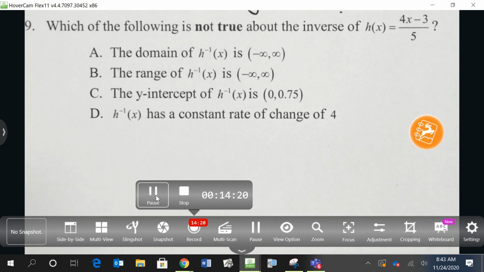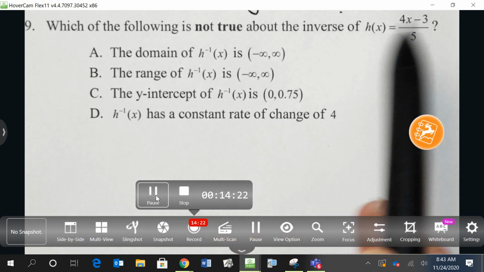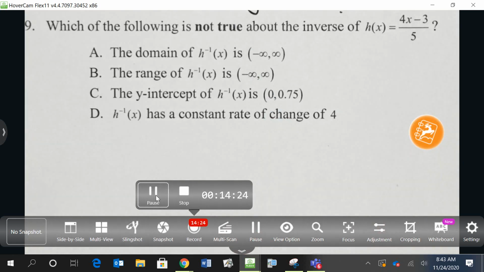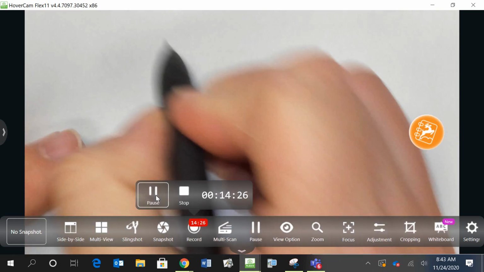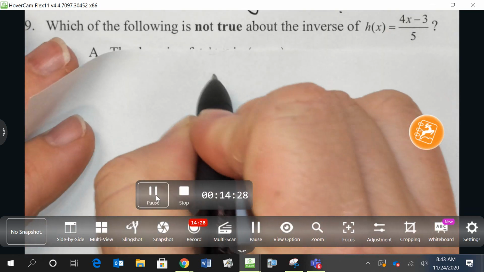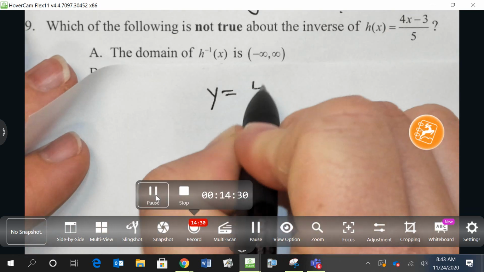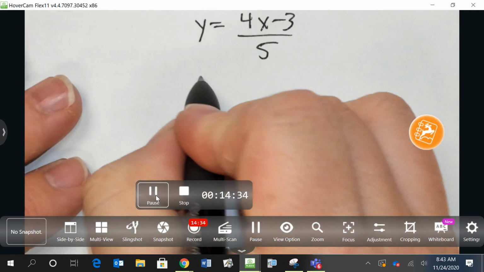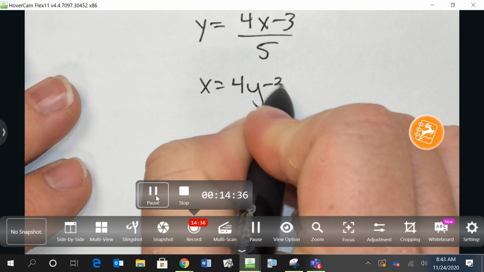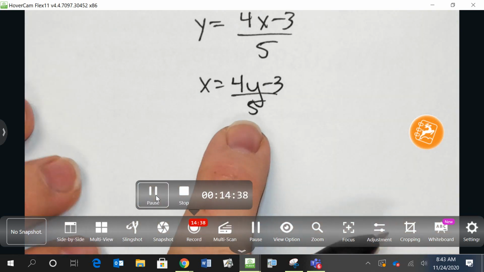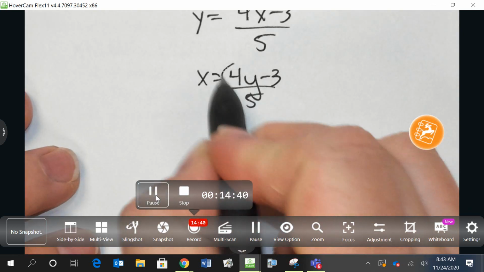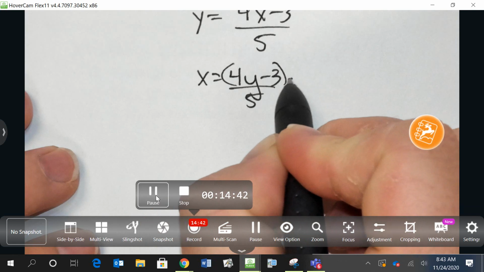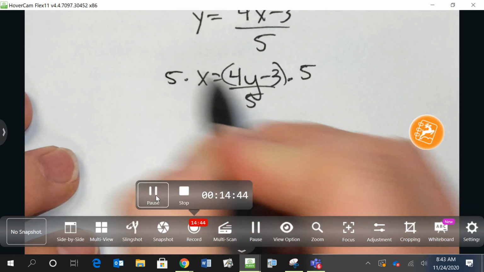This particular question asks us to analyze the inverse of this function. So I'm going to write down the function. And I'm already going to change this to a y. So y equals 4x minus 3 over 5. And now I'm going to switch the x and y. And to solve for y, this entire quantity is being divided by 5, so I'm going to multiply both the left and the right by 5.